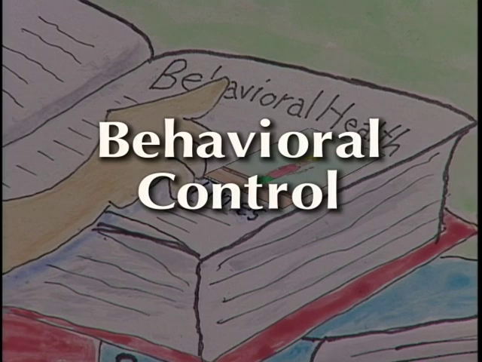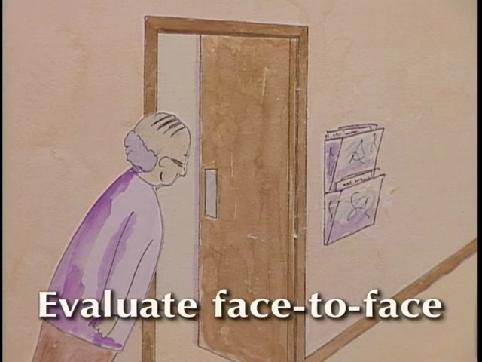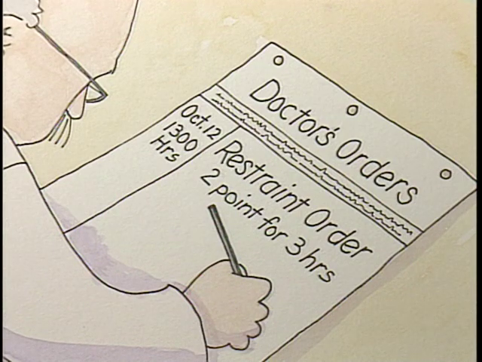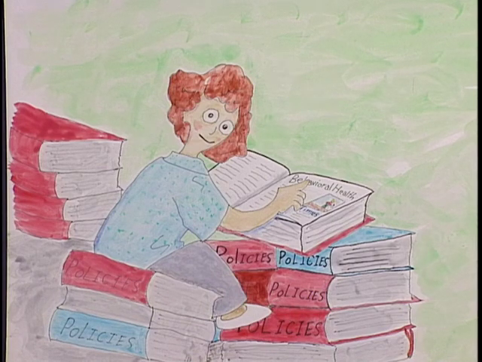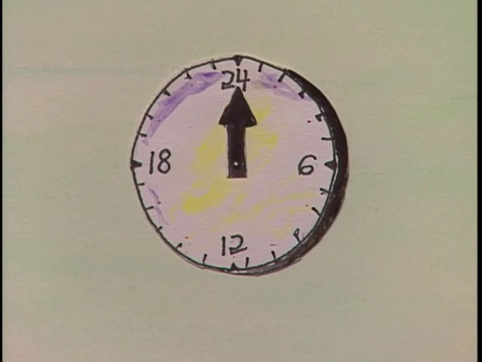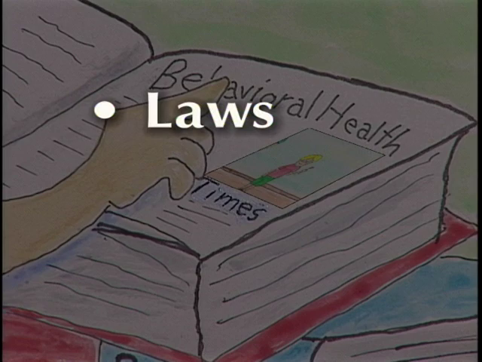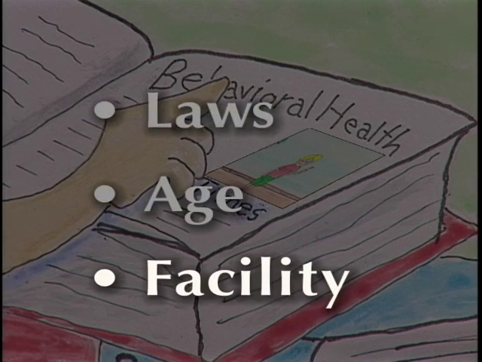3 special rules apply to the use of restraints for behavioral control. First, a physician must evaluate the patient face-to-face and sign the order before or shortly after the restraints are applied. Second, orders must be time-limited based upon age. Be sure to check your policies for the time limits for this process. They vary greatly depending upon federal and local laws, the patient's age, and the type of facility.